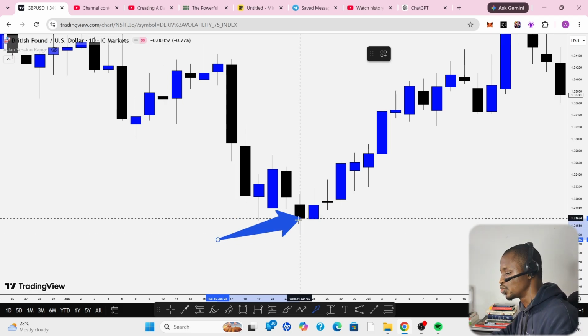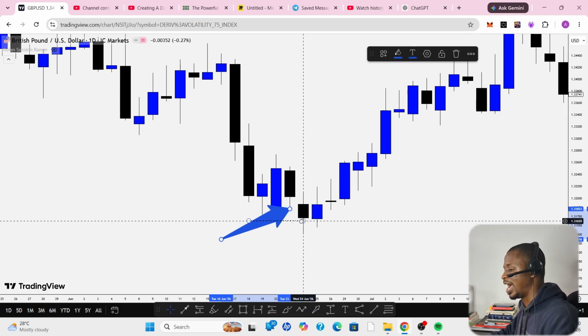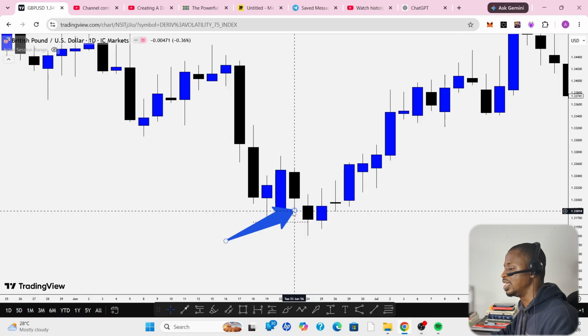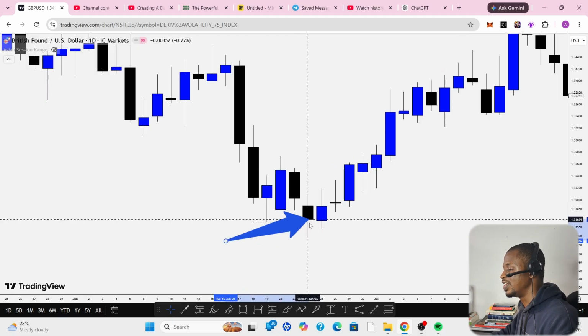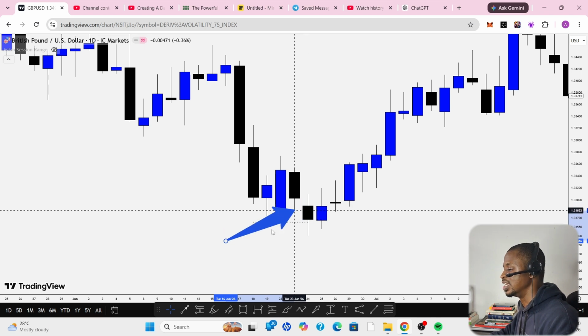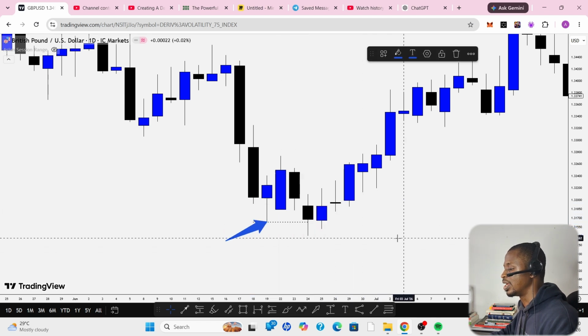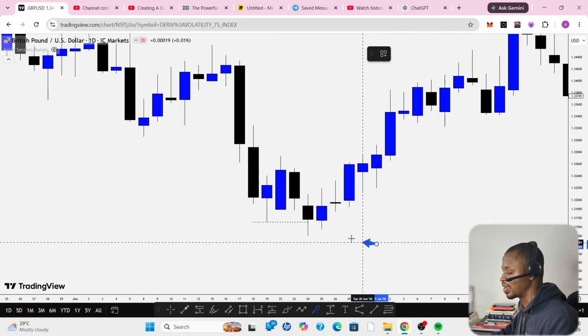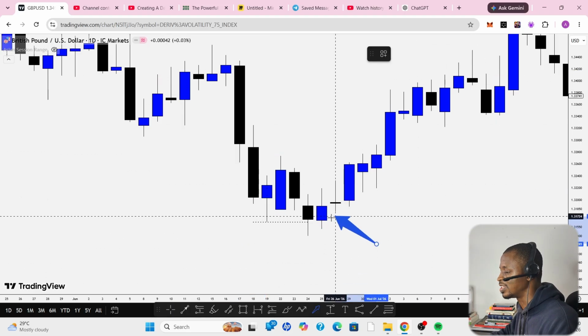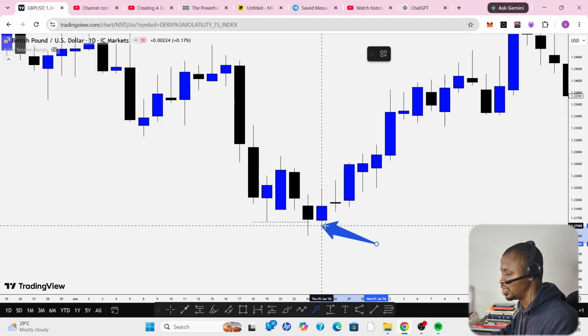You understand? These are the questions that you need to answer. In this particular example, when it wicks down, the body closes within the liquidity sweep. So that is why we are not surprised seeing the next daily candle. Look at this beautiful daily candle giving us that push towards the upside.